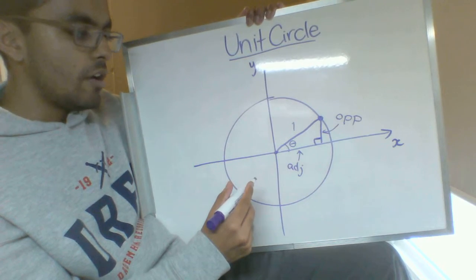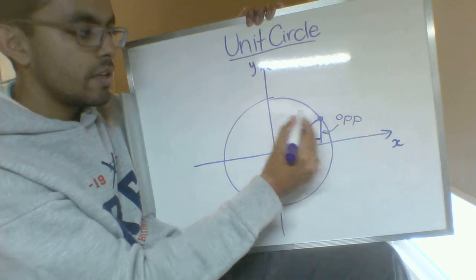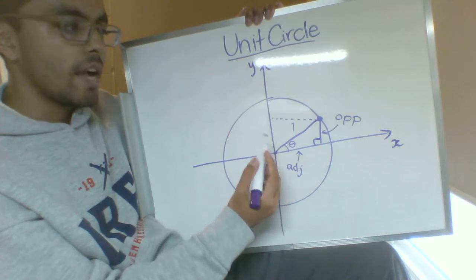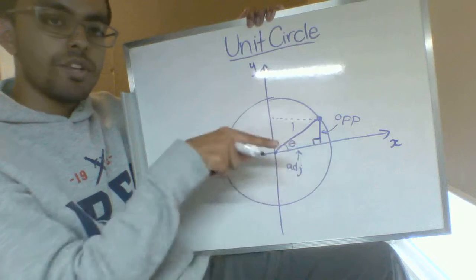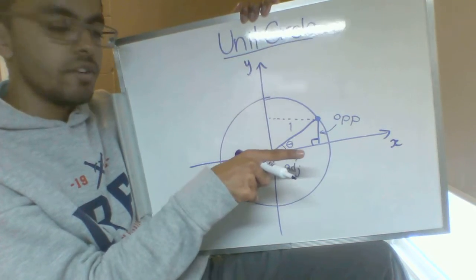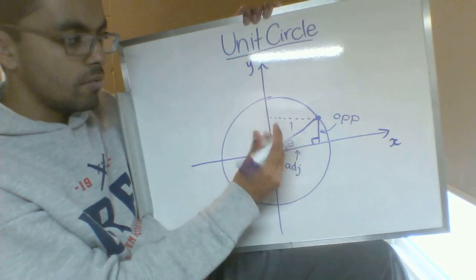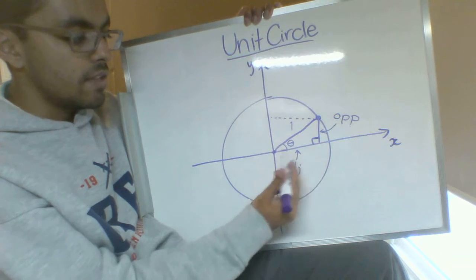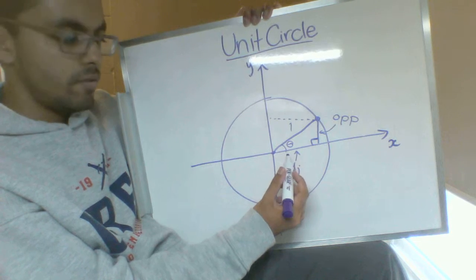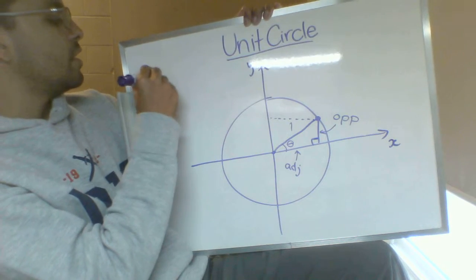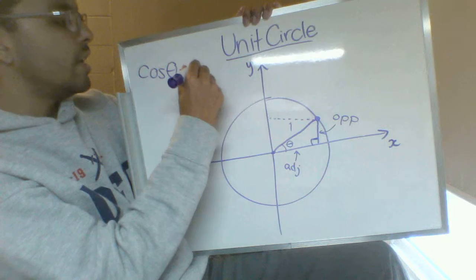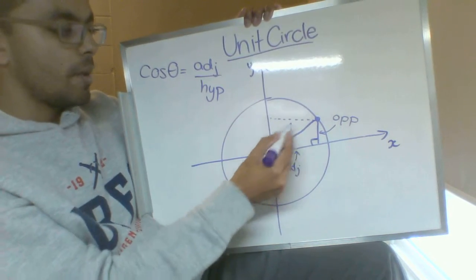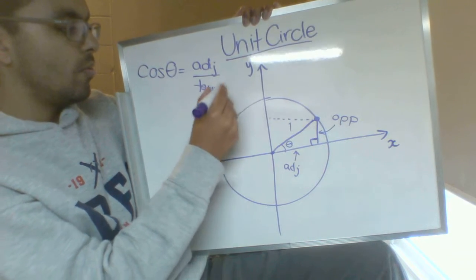Now this point is some distance away from the y-axis, as in it's moved some number of units in the positive x direction. How many units? Well, it's the same as the length of the adjacent side, right? Now cosine of theta is adjacent over hypotenuse, but the hypotenuse is just 1.